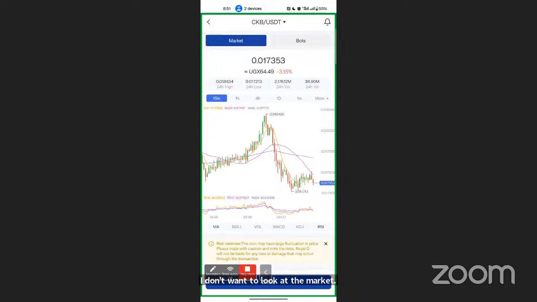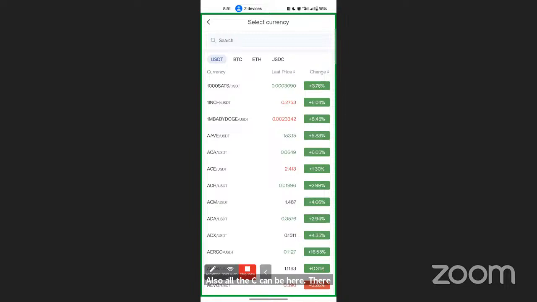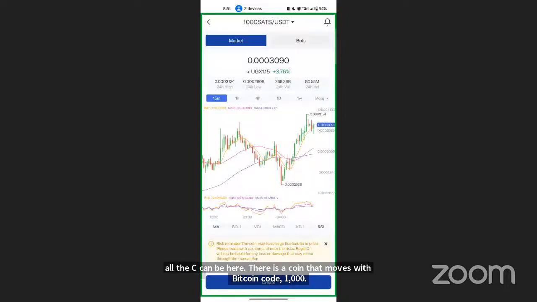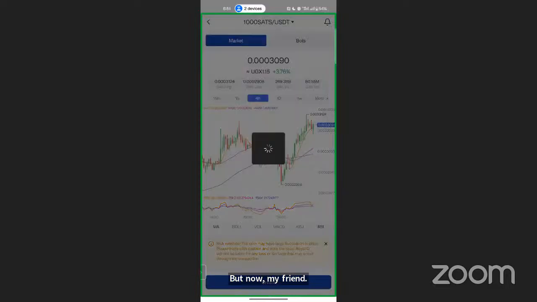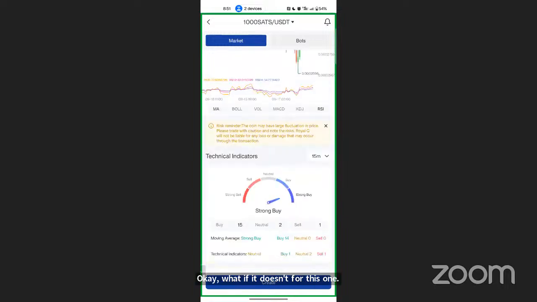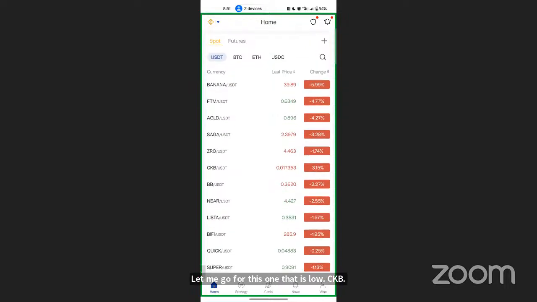Also, although CKB is here, there is a coin I love that moves with Bitcoin called 1000 sats. But now, my friend, it has gone to heaven. What if it doesn't return? So this one, I will leave it. Let me go for this one that is low, CKB. Yes, CKB, which other one? ICP.